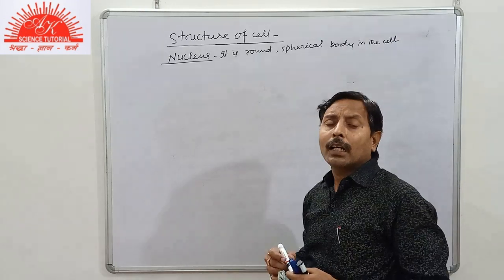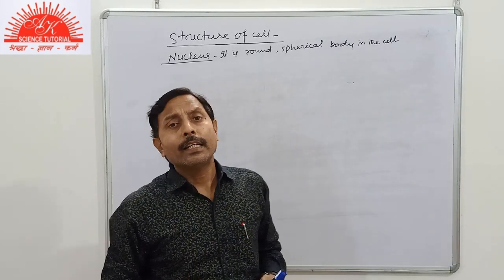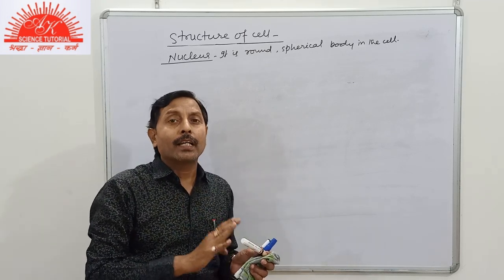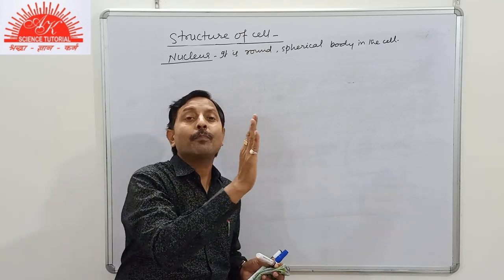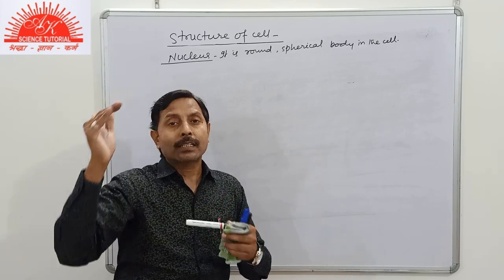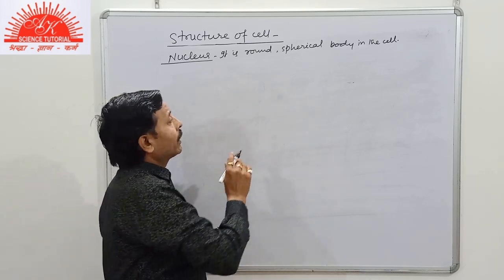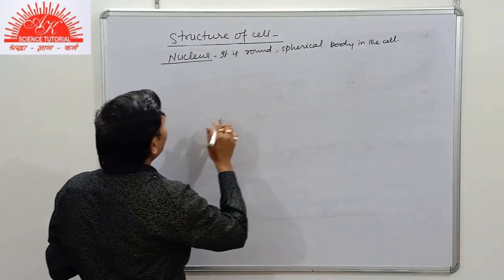In an animal cell it is generally centrally placed, but in the plant cell it is pressed towards the periphery due to the large size of the vacuole. Now we see, students, here that is a nucleus.